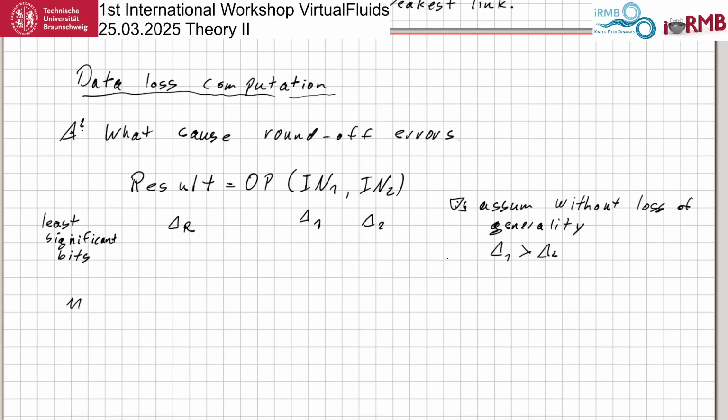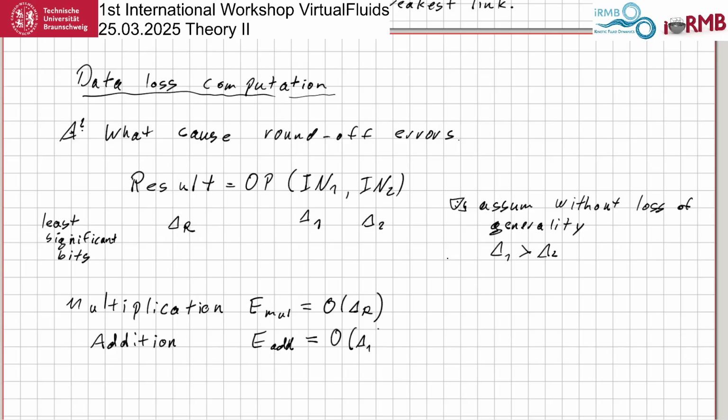Then actually multiplication has an error of the order of only the result, and addition is more complicated. There you get something that is related to the least significant bit of what is larger.